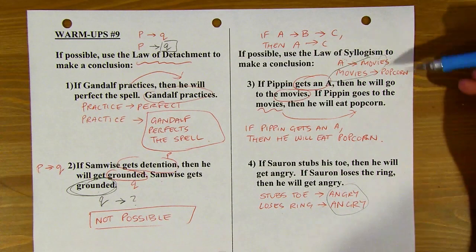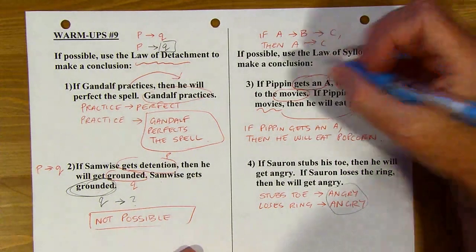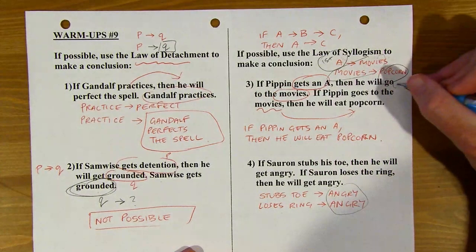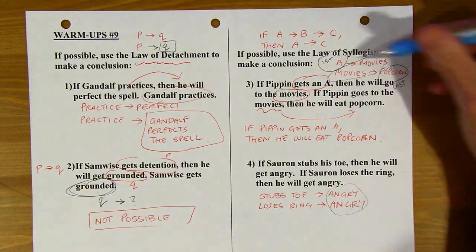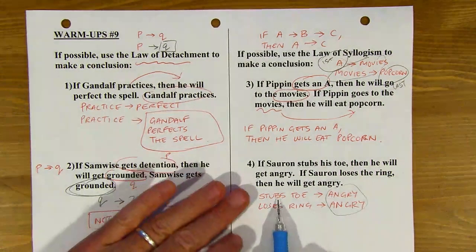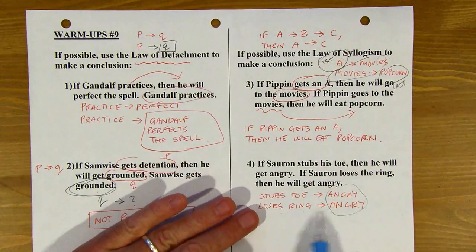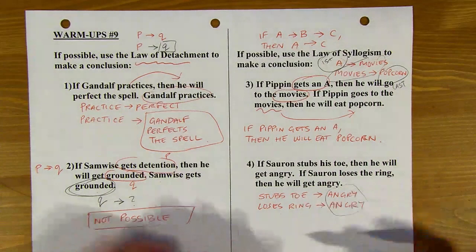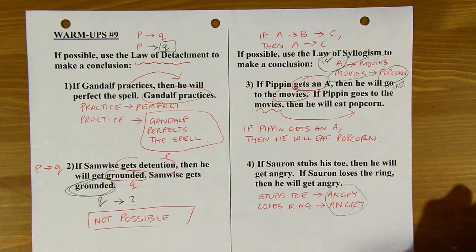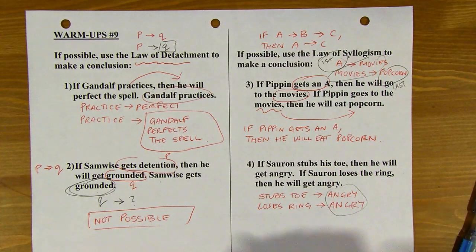If I look at the last example, I know the first thing that happened is getting the A. And then the last thing that happened was the popcorn. So I can say, okay, the first thing is going to lead to the last thing. Now I know the last thing here is getting angry in both sentences, but I don't know what happened first, stubbing the toe or losing the ring. I can't use the law of syllogism unless my matching pieces, one of them's a hypothesis and one's a conclusion. That's just not the case here.